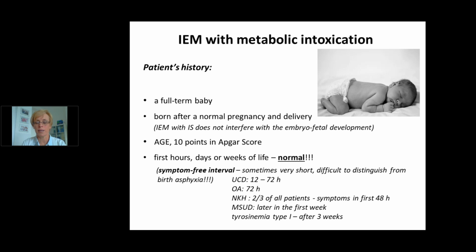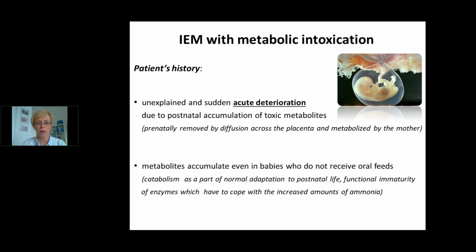The best example for this is urea cycle disorders, when, due to the accumulation of ammonia, which is a very severe toxin, the first clinical presentation may occur already several hours after delivery. This unexplained and sudden acute deterioration is due to postnatal accumulation of toxic metabolites, which are prenatally removed by diffusion across the placenta and metabolized by the mother.